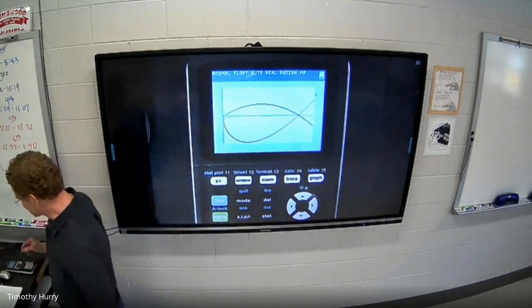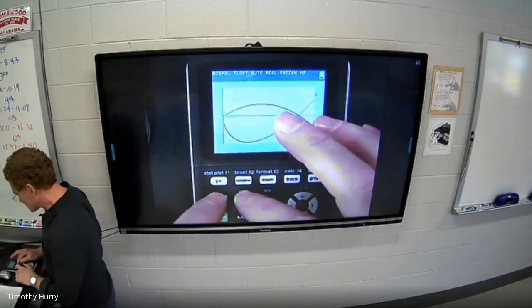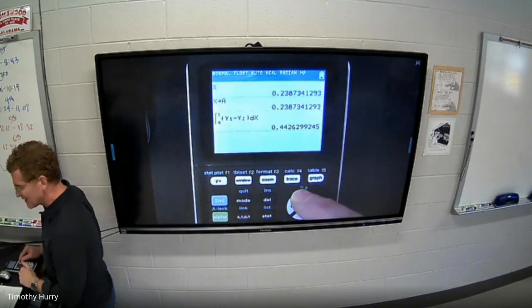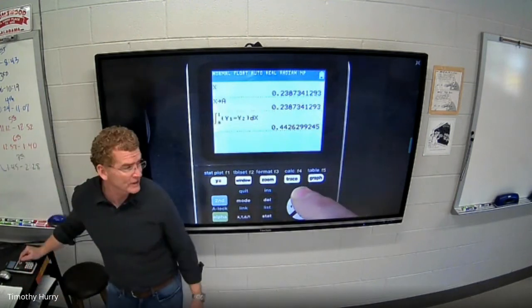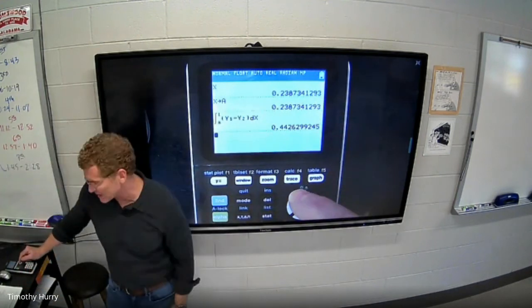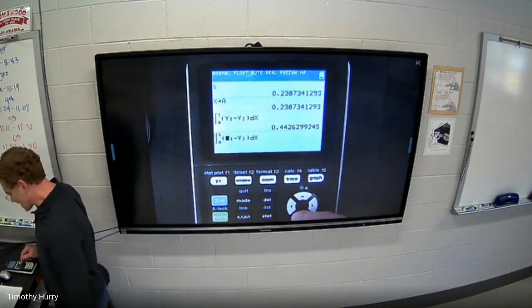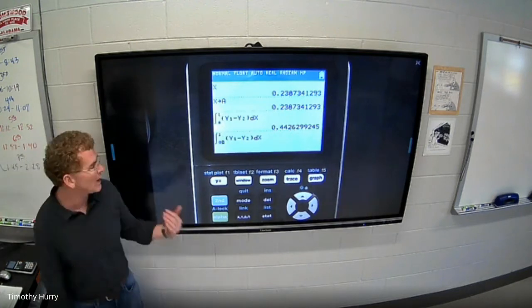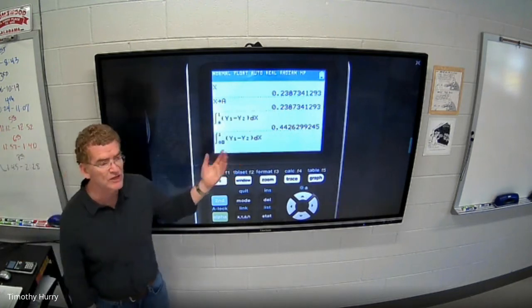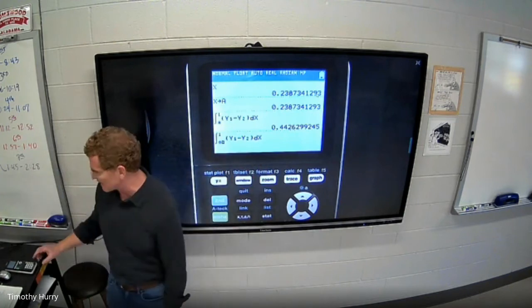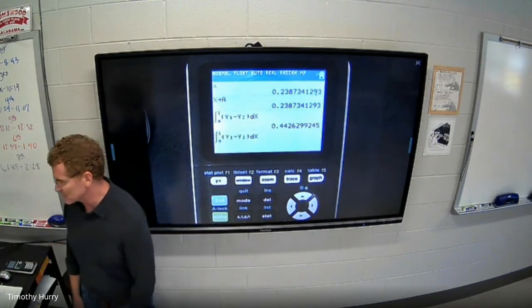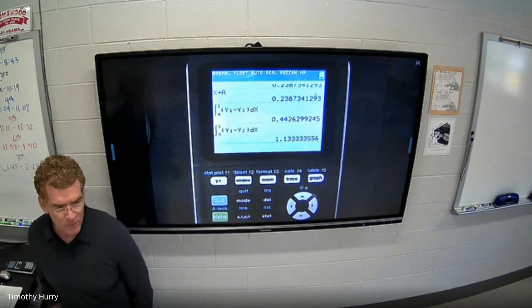So all I have to do is go back to my home screen. Heck, if you're doing this work, I've already got it set up as y1 minus y2. I can go back and grab that and just change that a to a 0. And that would be my integral from y1 to y2. And it will use the new y1 and the new y2 values and give me the, this one's going to have to think for a second, but 1.133.